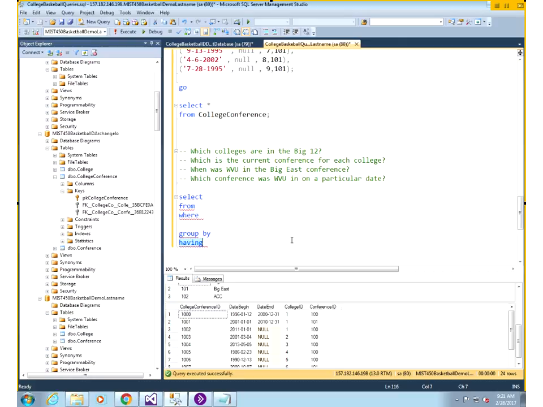The having applies a condition on each group. Okay, so that's why you'll have having after the grouping. Anyway, so if you had your from first, then we'll get to the other. I'm not sure you need group by so far for any of the questions. So which colleges are in the Big 12? Which tables do you need for this?